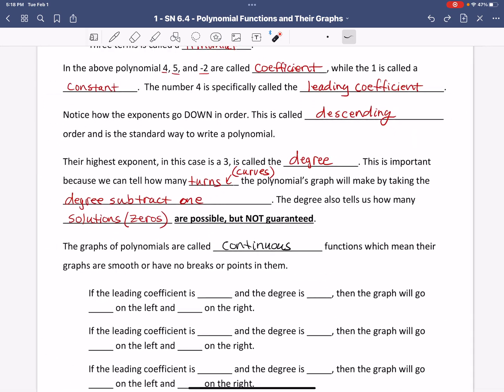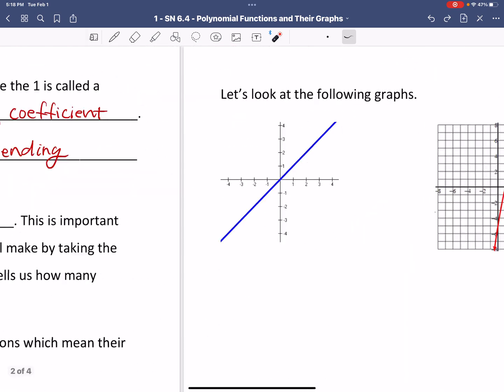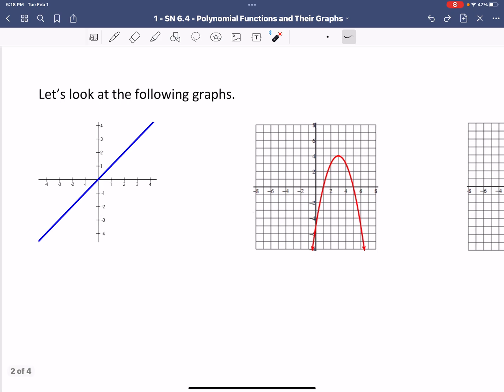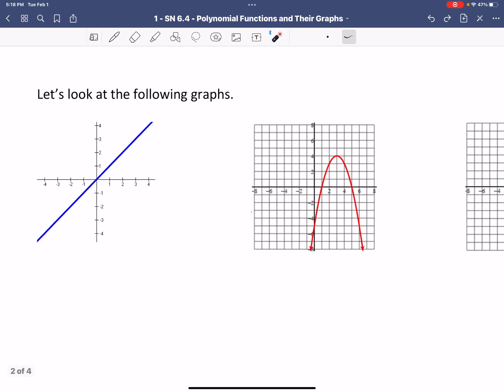All right, so now let's go back here. What I want you to do is look at this graph. On the right-hand side, we're going up, and on the left-hand side, we're going down. Over here, on the left-hand side, we're going down, and on the right-hand side, we're going down.